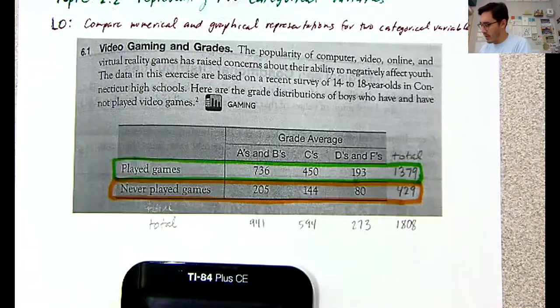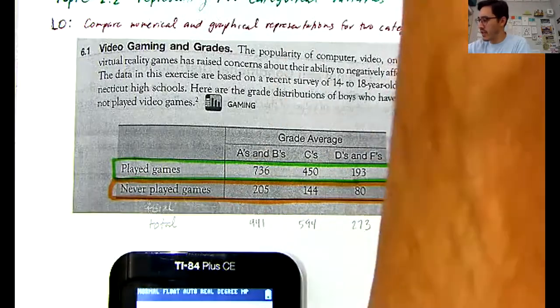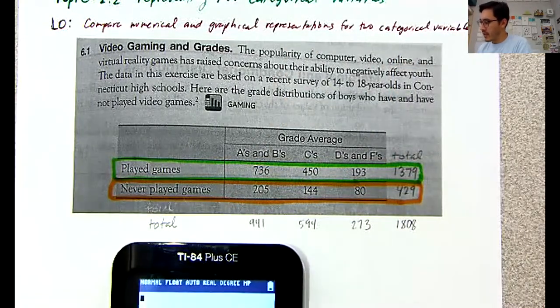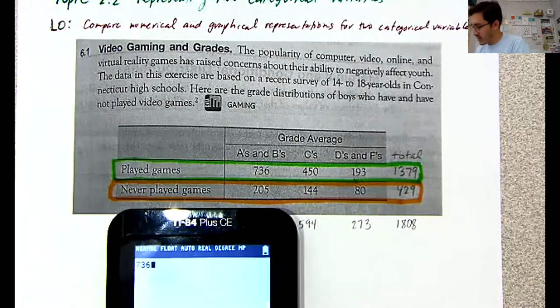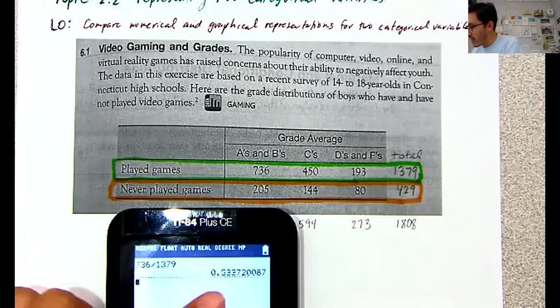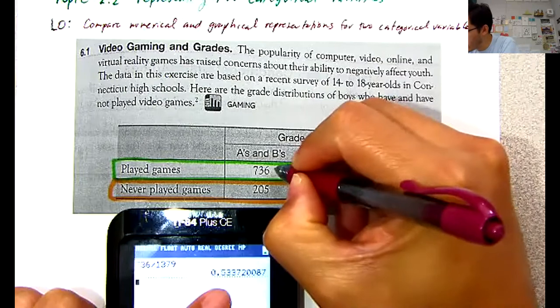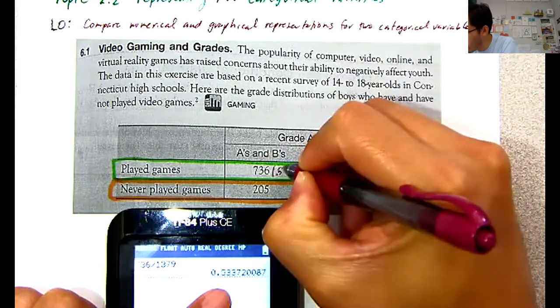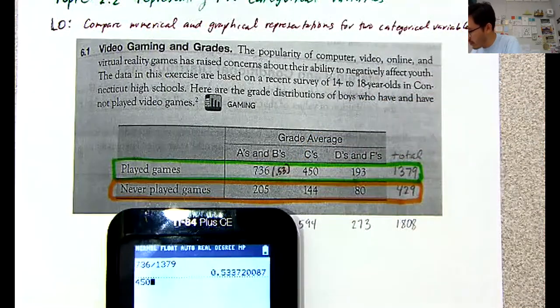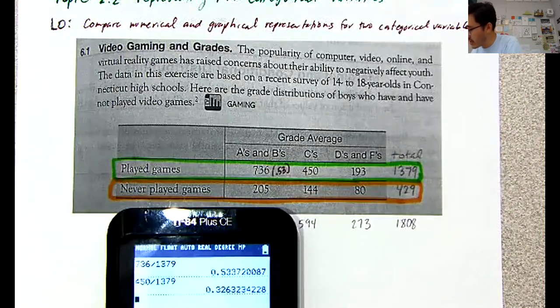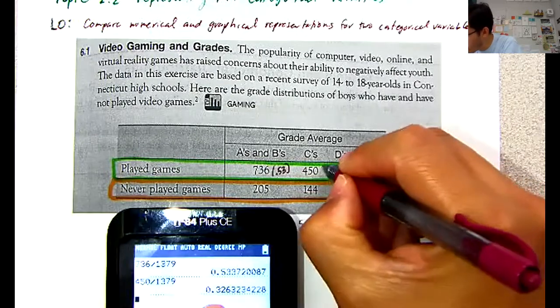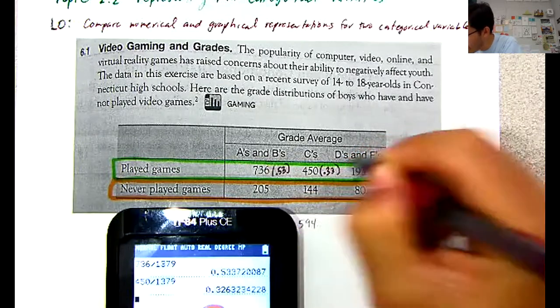So I think maybe I'll just do it right here. 736 divided by 1379, and I'll just round it to 2 decimal places. So that's about 53%, 0.53. 450 divided by 1379 is about 33%, 0.33.